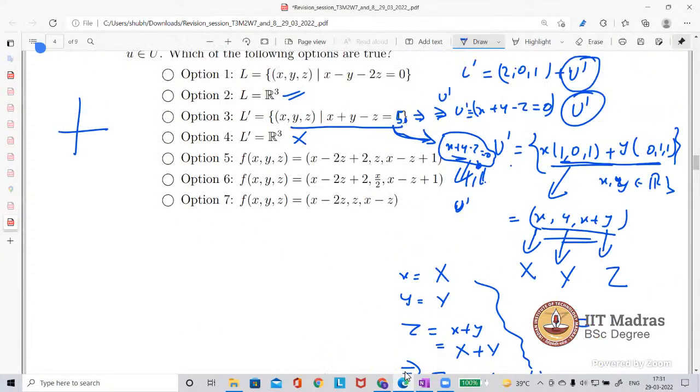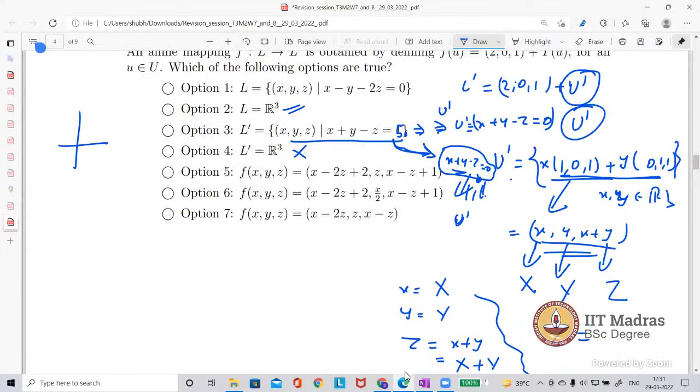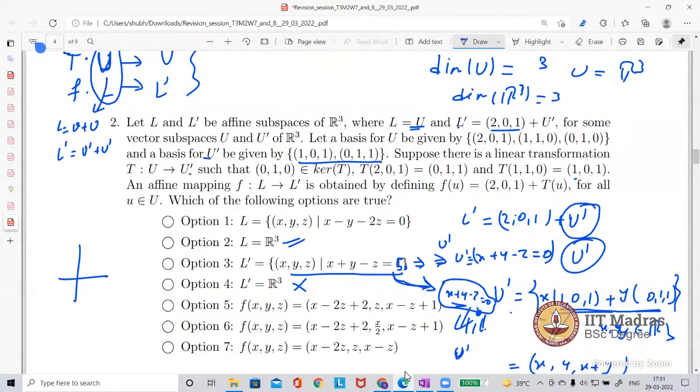Otherwise, if you want to go with the options, you can check one by one. With the help of option 3, the original equation is X plus Y minus Z equal to 1. Can we find the basis of L prime? For that, extract the corresponding subspace, which will be X plus Y minus Z is equal to 0.